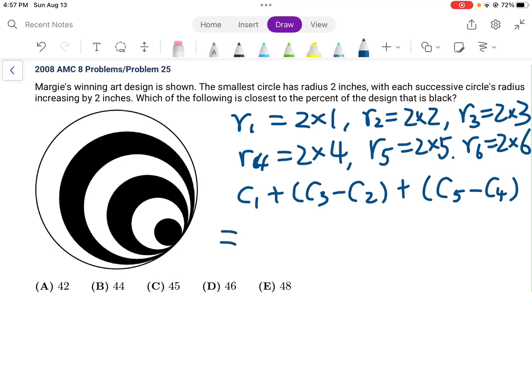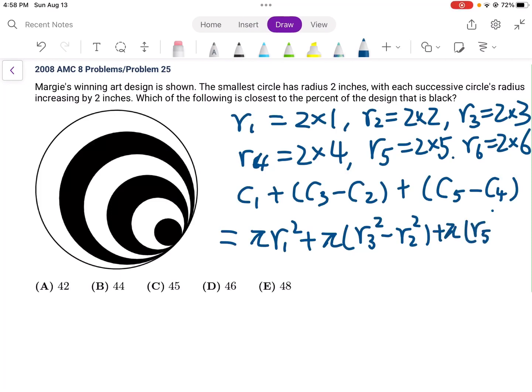We substitute R to calculate the area of each circle. We get that the area equals pi R1 squared plus pi multiplied by R3 squared subtract R2 squared plus pi multiplied by R5 squared subtract R4 squared.